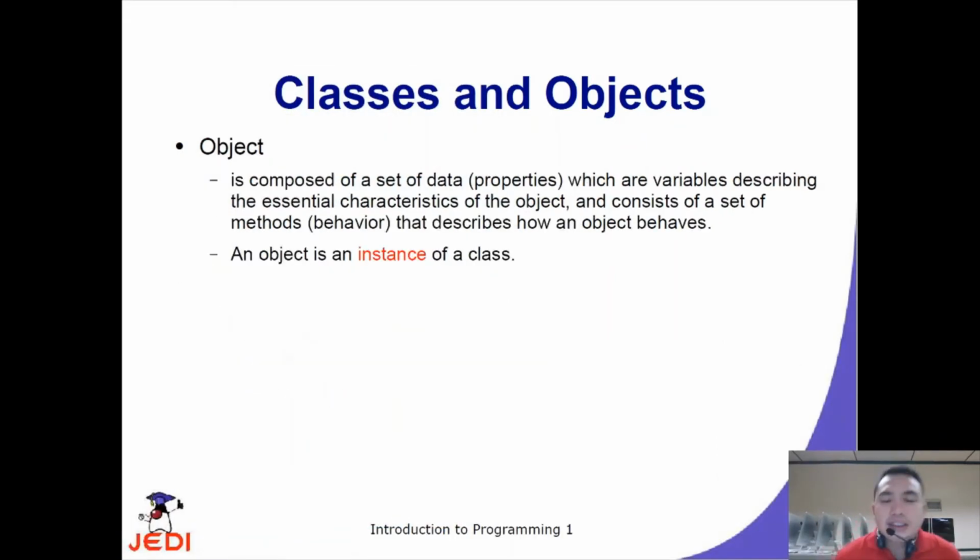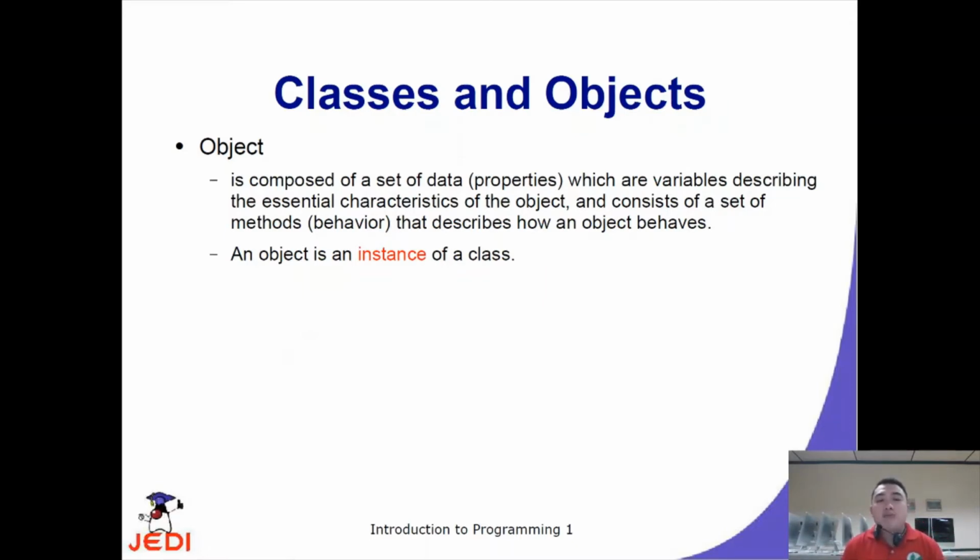Okay, let's continue. As I said earlier, an object is an instantiation or an instance of a class. We have a class, which is a definition and structure of the objects, and then we create objects based on the definition or description we define in the class.